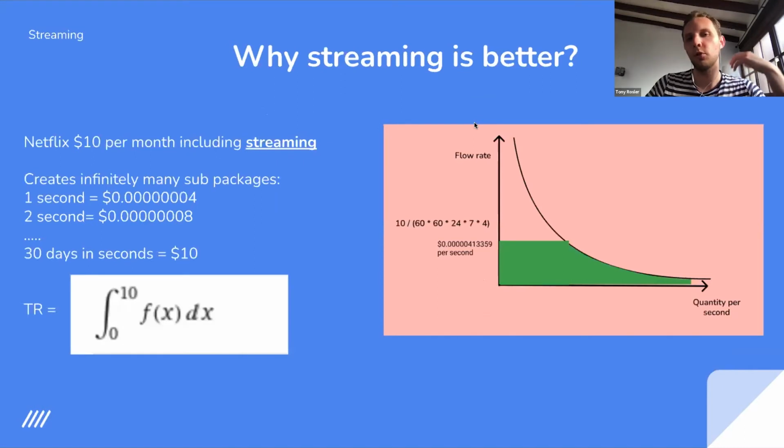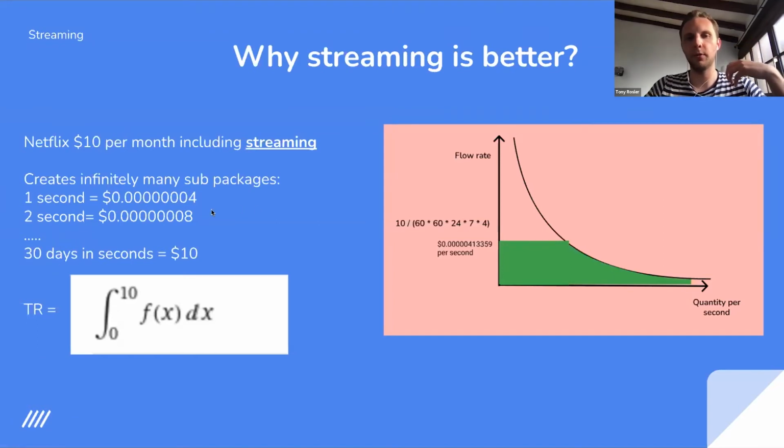Now, if you introduce streaming, something very, very interesting happens. First of all, if you just make Netflix a $10 streaming subscription, you are now creating an infinite number of price points below the demand curve. There's now a price point for a user who wants to subscribe for just 1 second a month.